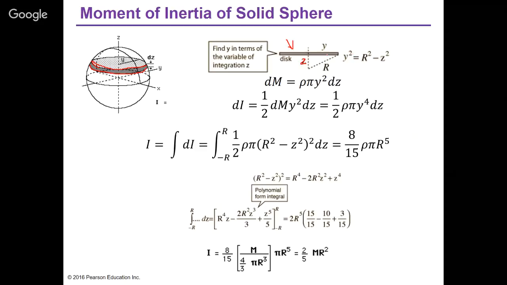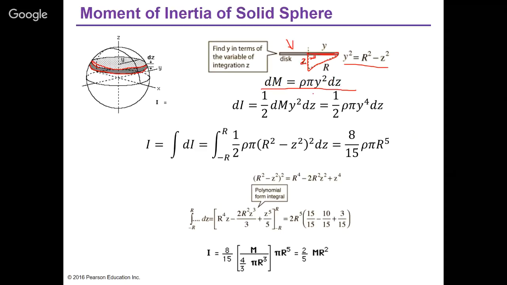On the y square, because this is a right angle triangle that has a right angle here, then y squared is equal to r squared minus z squared, okay? Because there's a right angle here, right? And then in this case, the mass here would be rho times pi y squared, that's the radius, times dz, right?